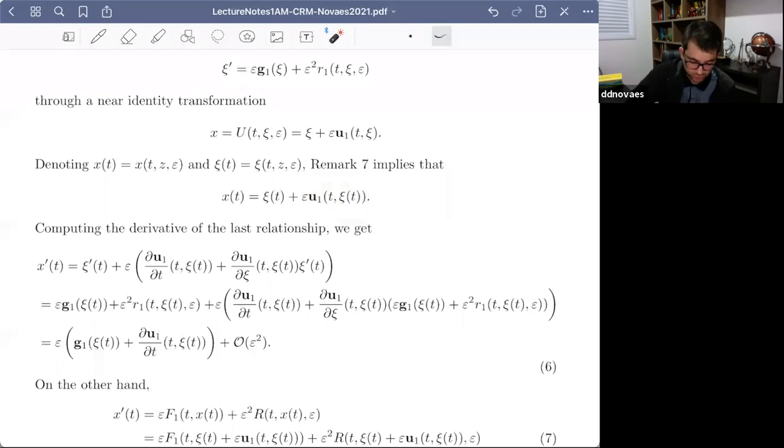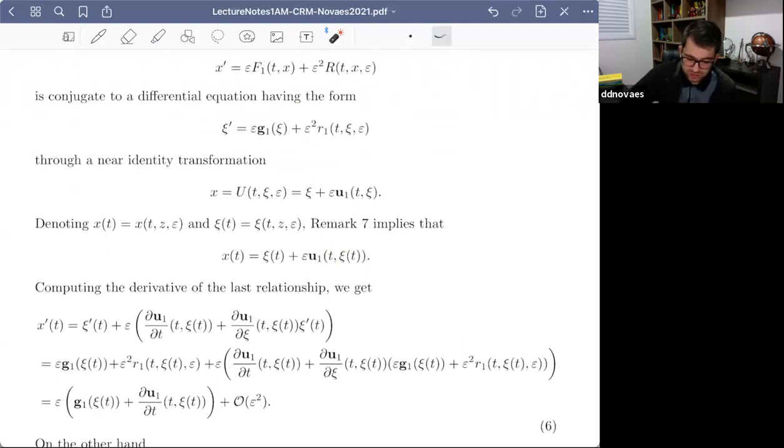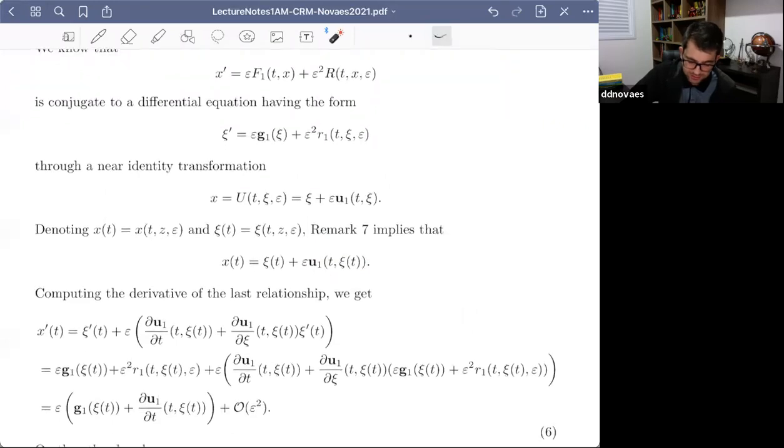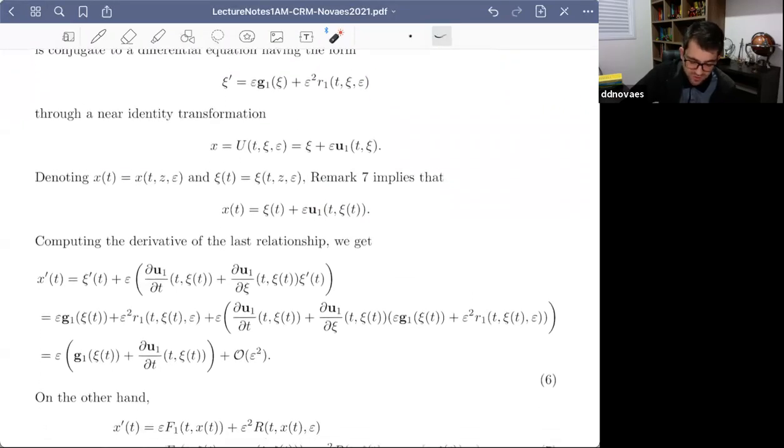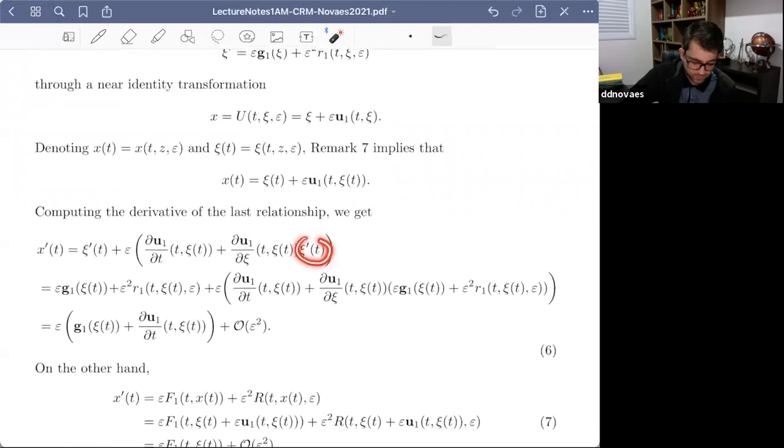I'm not going to read all of that, but after substituting the expression for the derivative of c, what I'm doing here is collecting the coefficients of epsilon.